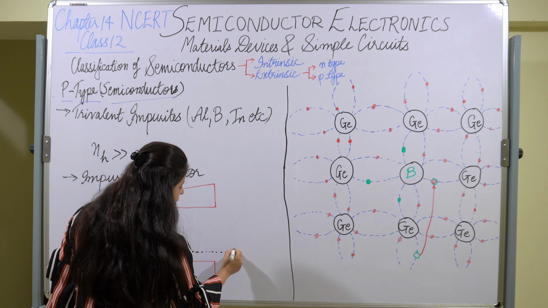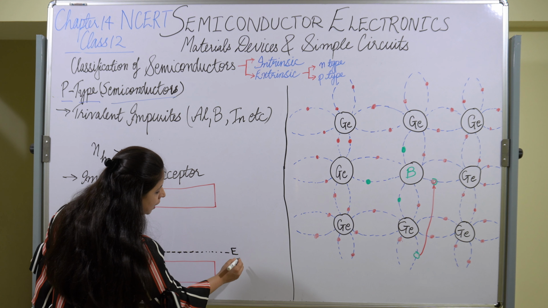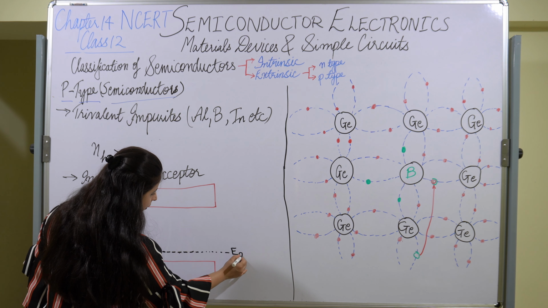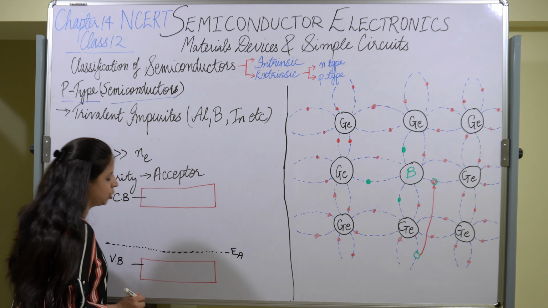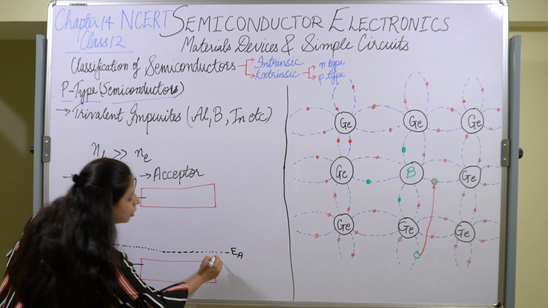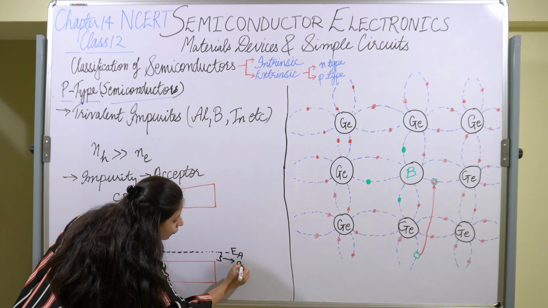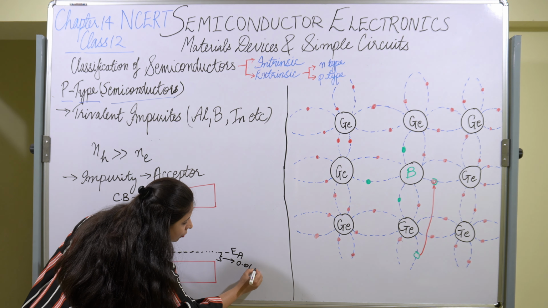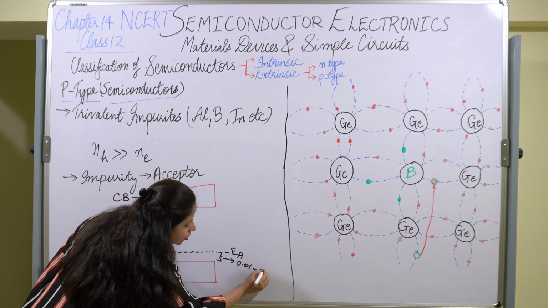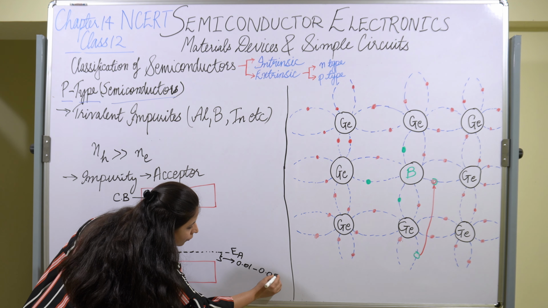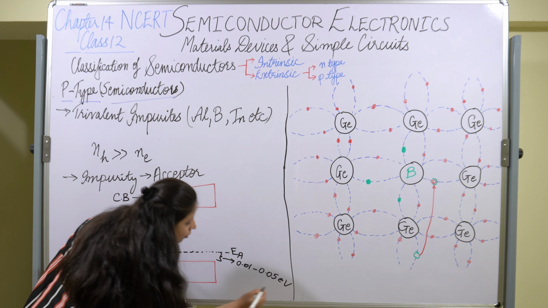Let us mark it as EA, the acceptor energy level. It will be from 0.01 to 0.05 electron volts.